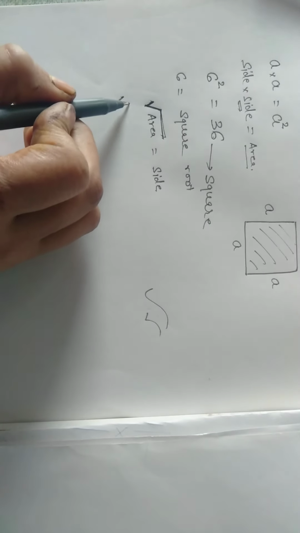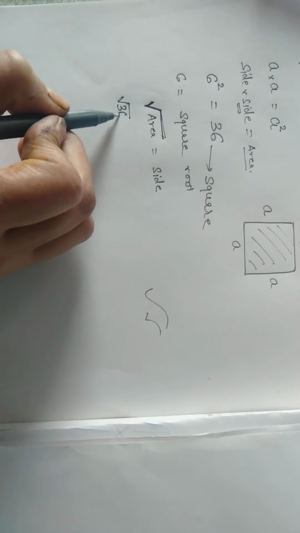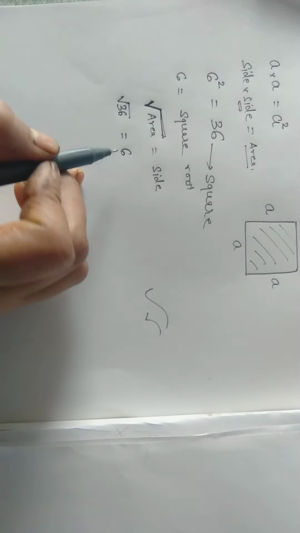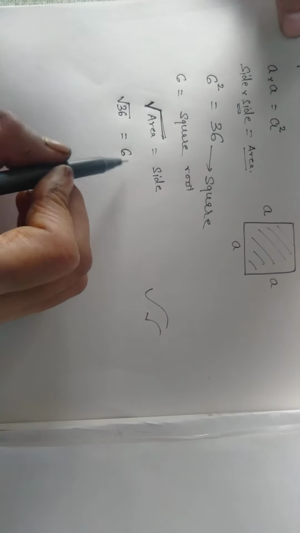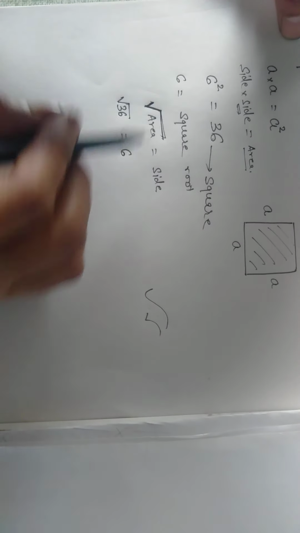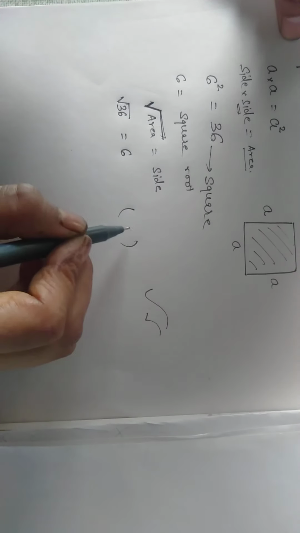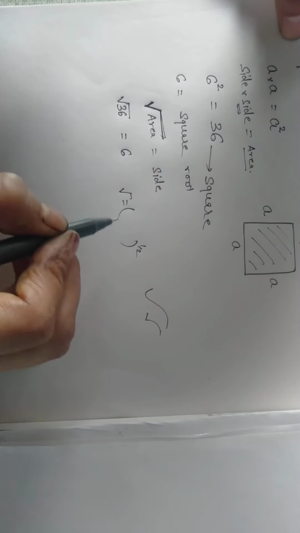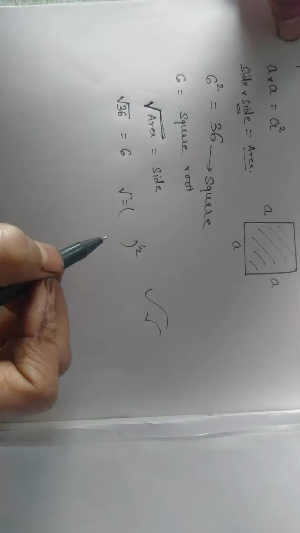For example, the square root of 36 is 6. Do not put the square sign. The square root means to the power half.